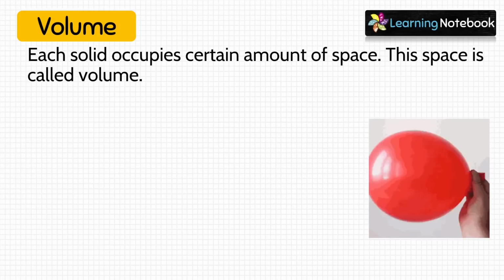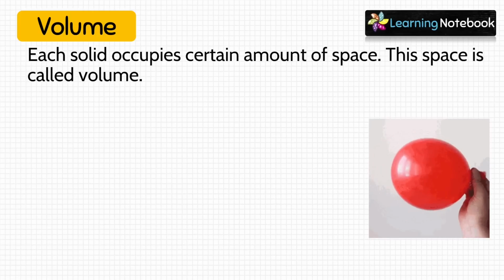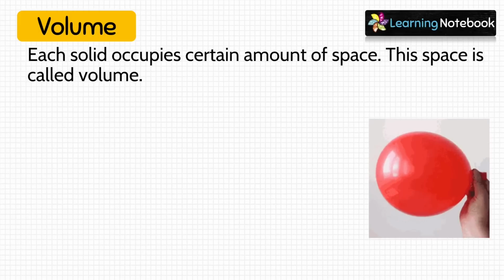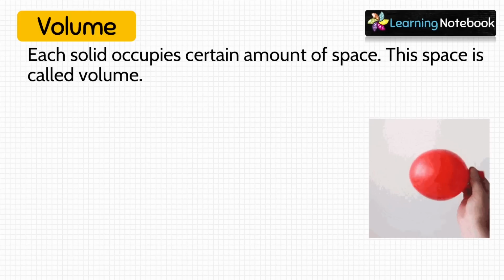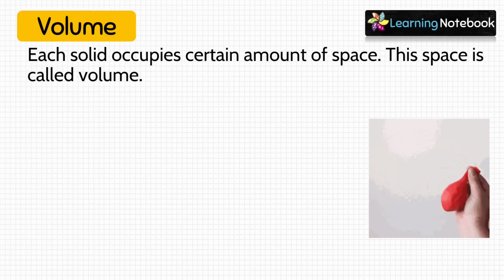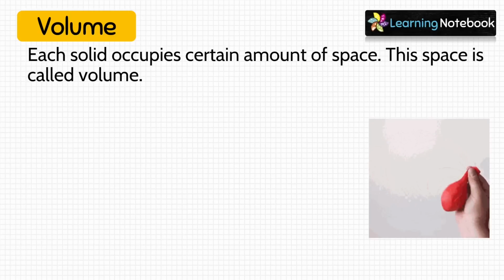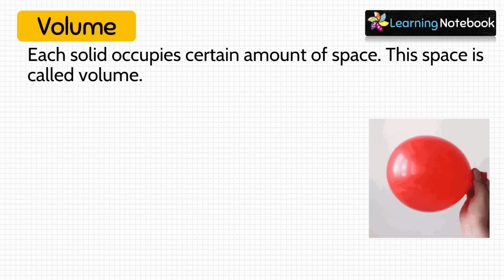Students, when you blow air in a balloon, the balloon inflates, and the amount of air in this balloon is the volume of the balloon. So remember, the amount of space inside an object is called its volume.